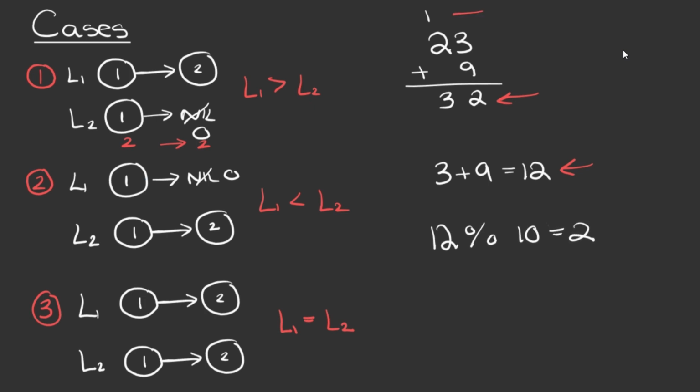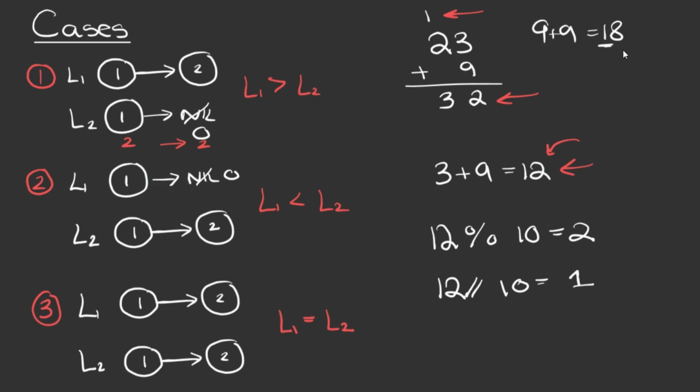We also know that the carry value is going to be the quotient of this number divided by 10. So we have 12 integer division by 10, which is 1. It also might be noteworthy to point out that the carry in this case can only ever really be 1, because at most we have 9 plus 9, which is 18, and we have a carry of 1.